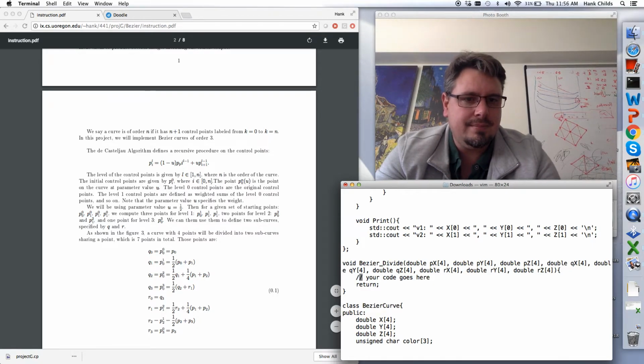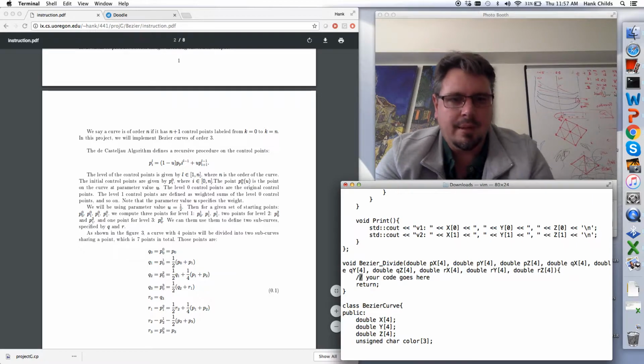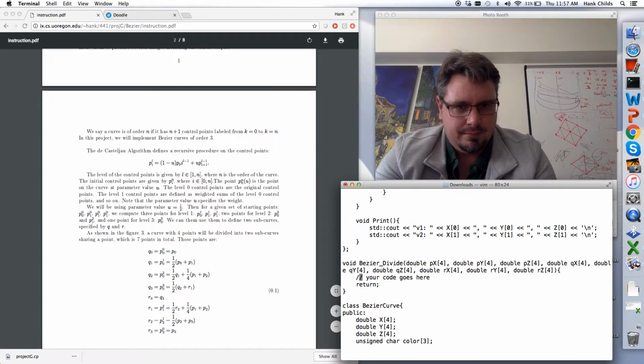So this function will take essentially 4 points as so-called input. Control points, right? Yeah, the control points. So the first three parameters we have, px, py, and pz, are the 4 points. All of them are in 3D.